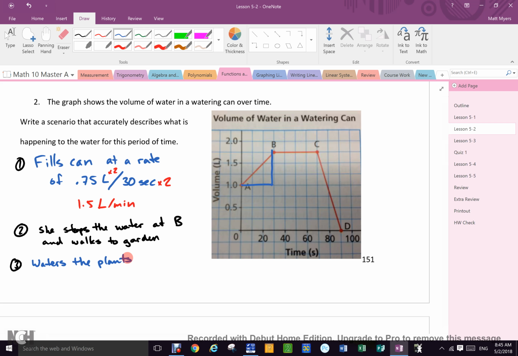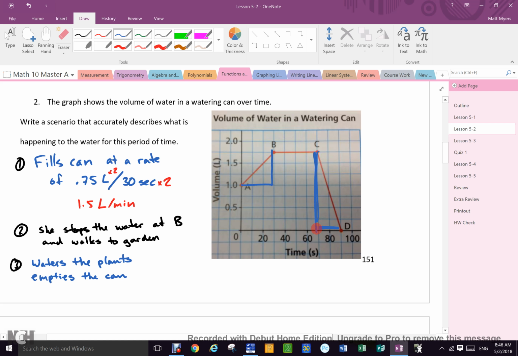Does she empty the watering can? Yes. Waters the plants. Empties the can. Faster or slower than it filled? Faster. How do you know it's faster? The line is steeper. In a very little amount of time, she got rid of all the water.